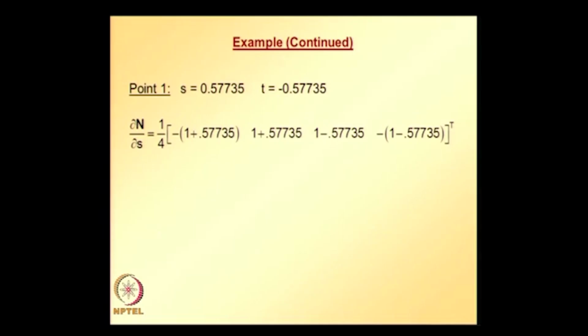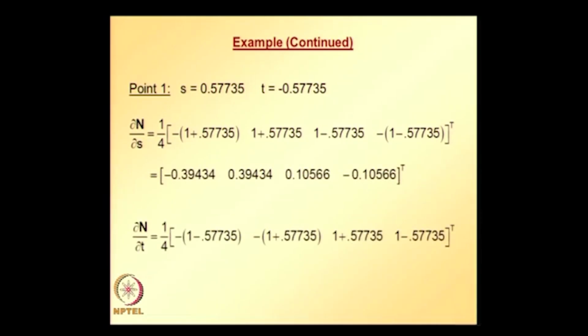To get that, we need to calculate the derivative of the shape functions with respect to S, which is given here by substituting all the values of S and T and simplifying. Similarly, we can get the derivative of the shape function vector with respect to T, and simplification of that gives us this.